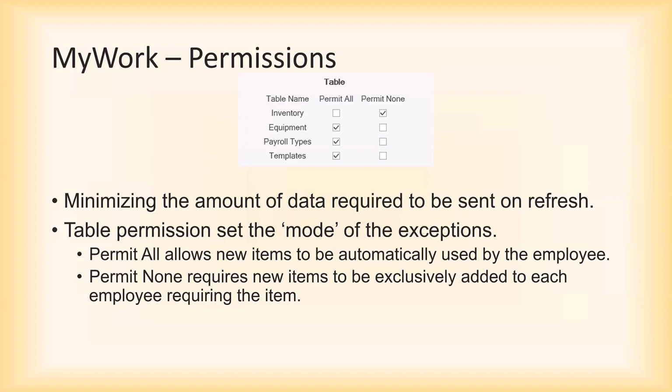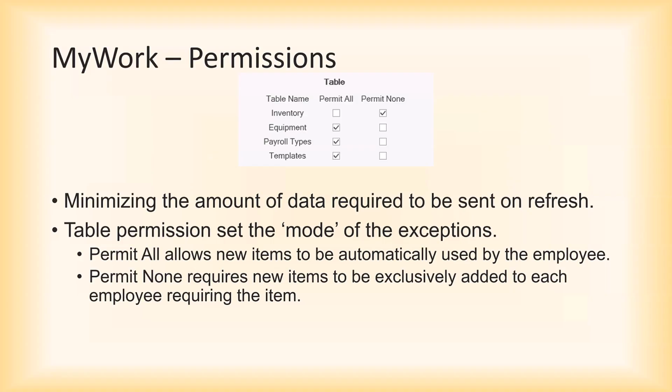This is why we did this instead of just saying, just send over that you have permission for all the inventory. Let's say you have 4,000 inventory items, so we're sending over 4,000 permissions. In which case, like equipment, you might have 800 pieces of equipment in the system.